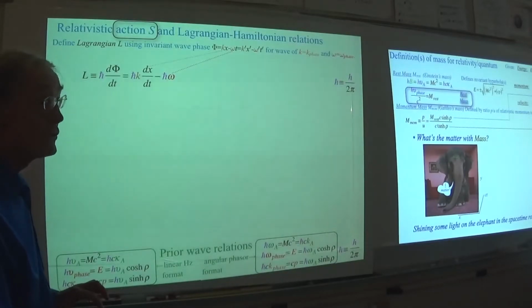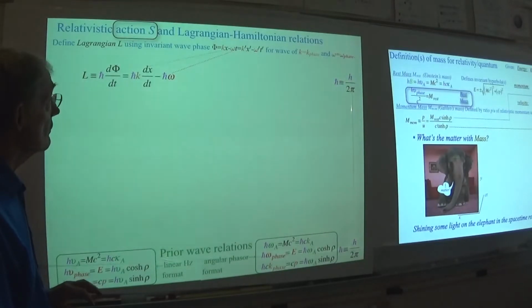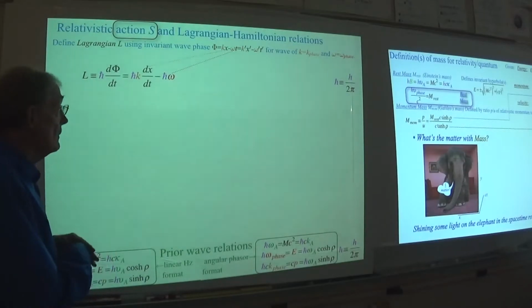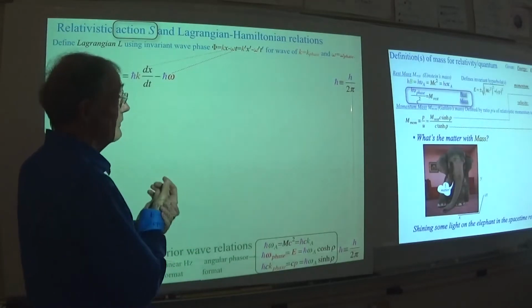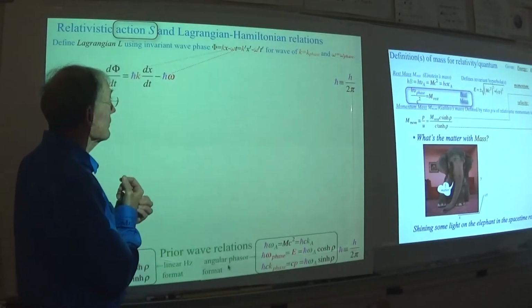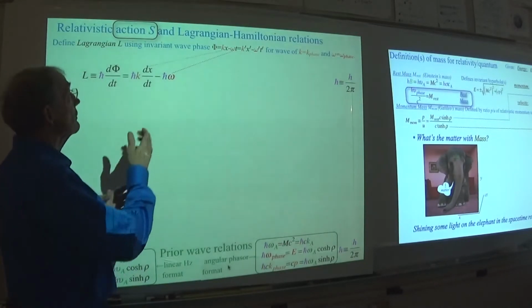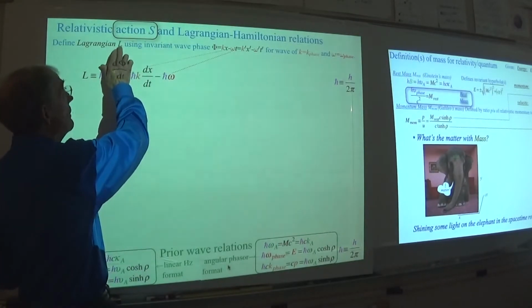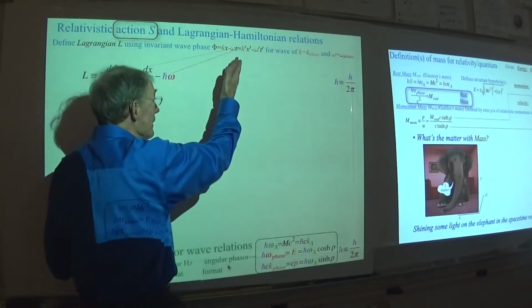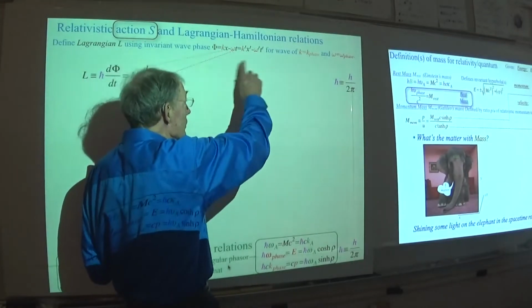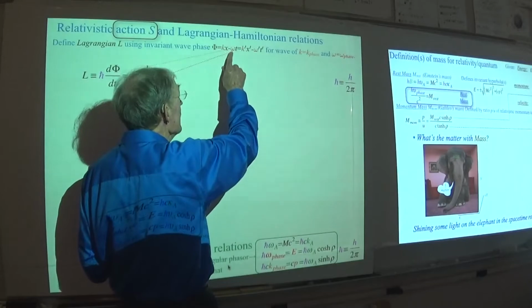I'm going to go through this rather quickly since you have seen the Legendre Transformation. That's basically what we're going to do, but we're going to start with the Lagrangian as the phase. That's the whole phase right there, kx minus omega t.